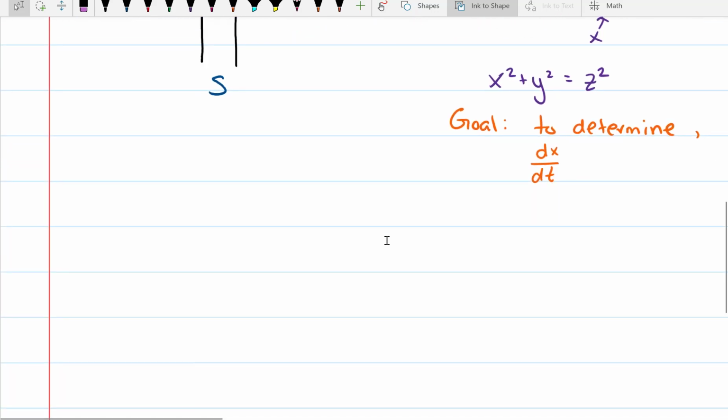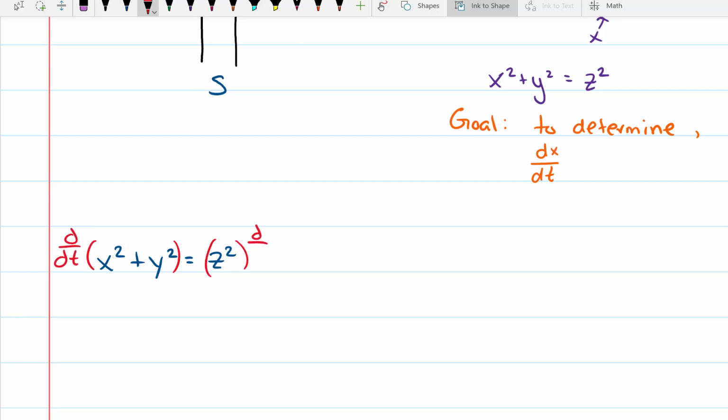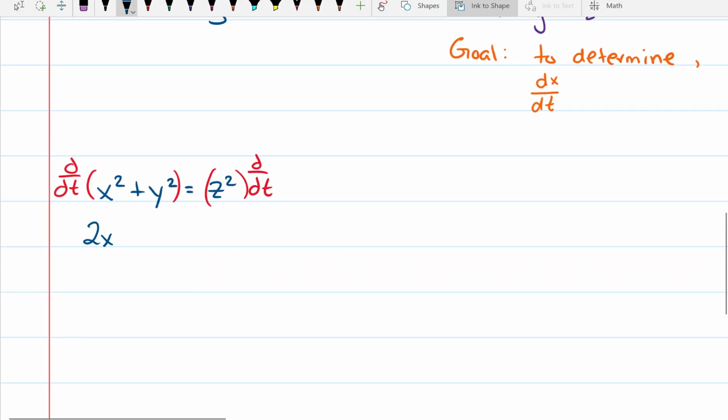So now that we have our formula, let's go ahead and take our derivative. We have x squared plus y squared is equal to z squared. And what we're going to do is take the derivative with respect to time. So we get that 2x dx dt plus 2y dy dt is equal to 2z dz dt.